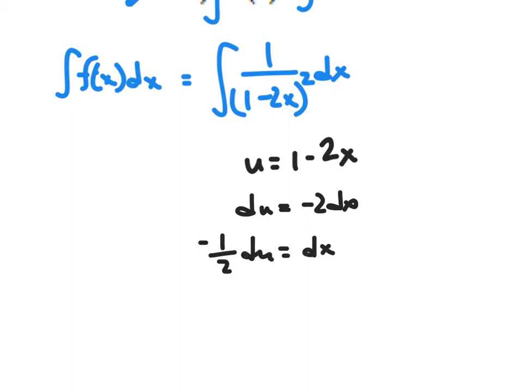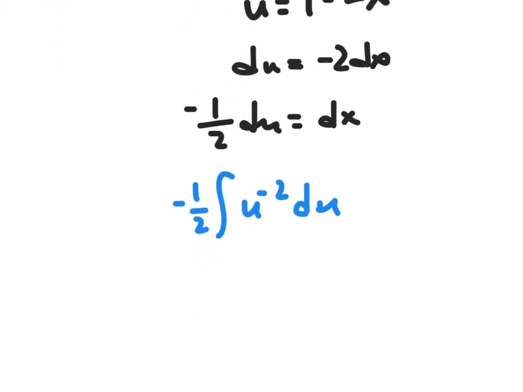So I'm going to do a little u sub here. So this would be negative 1/2 times the integral of 1 over u squared. I'm going to put that in this form, and I'm going to do some integration on that. So that would be negative 1/2 times, I'm going to add 1 and multiply or divide by that negative 1, right? So I'm going to add 1, u to the negative 1 over negative 1.